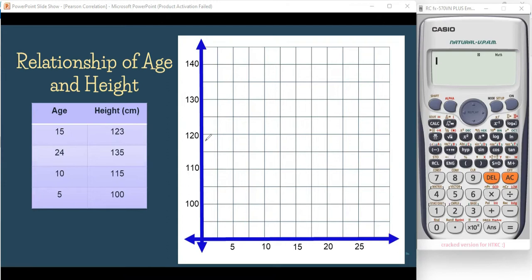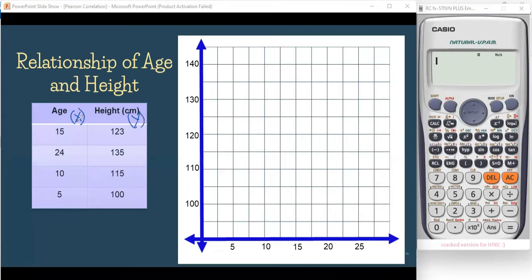Now, my dear students, how do we plot a scatter plot? The way we plot points in a rectangular coordinate system is exactly the way we plot points in a scatter plot. In plotting points in the rectangular coordinate system, points have coordinates: the x-coordinate and the y-coordinate. In this problem, let age be the x-coordinate and height be the y-coordinate.